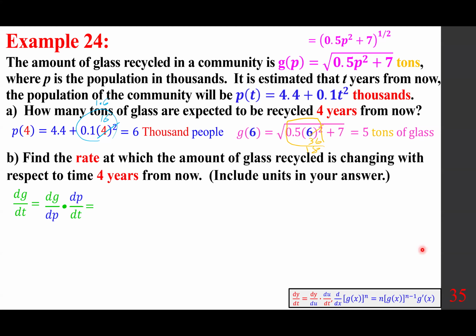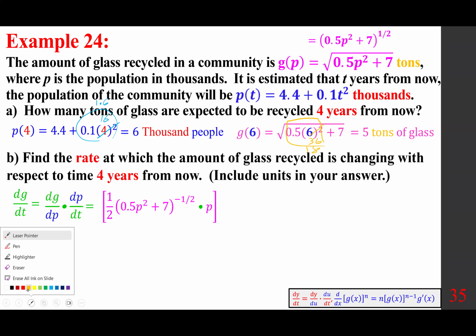Extended power rule. n is 1/2. g of x to the power of n minus 1, this thing to the power of 1/2 minus 1, which makes it negative 1/2, times g prime. What is the derivative of the inside? 0.5 times 2p, which is p. So this thing is dg/dp.